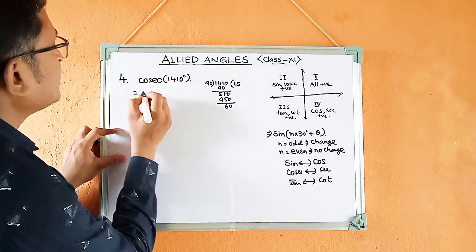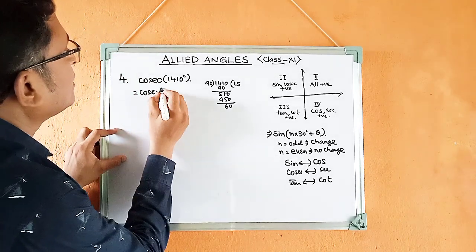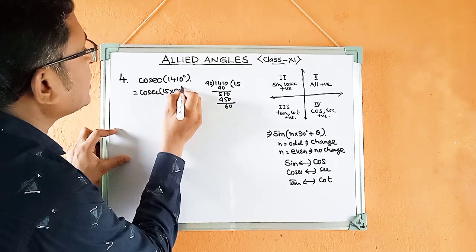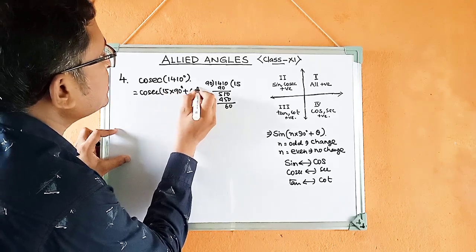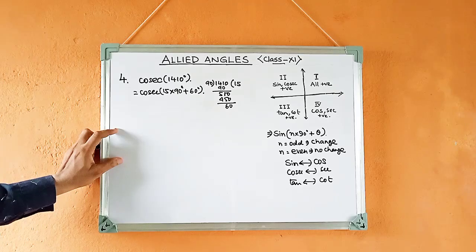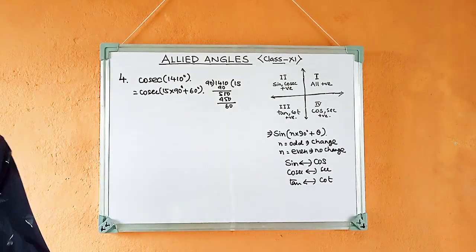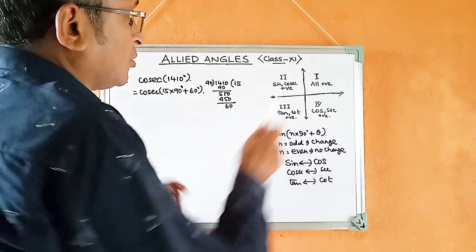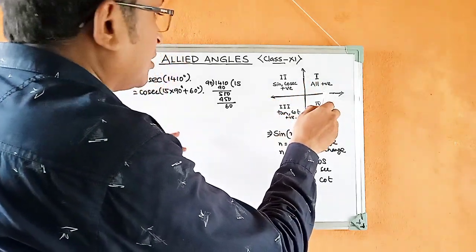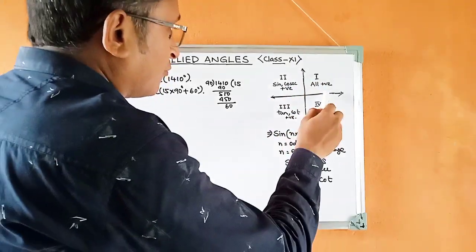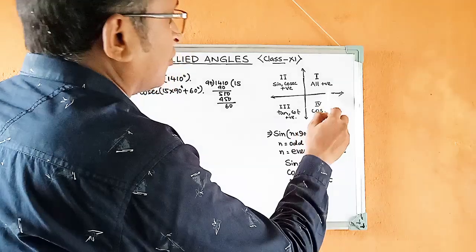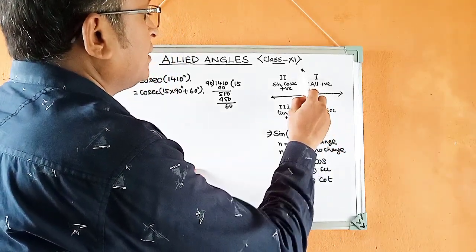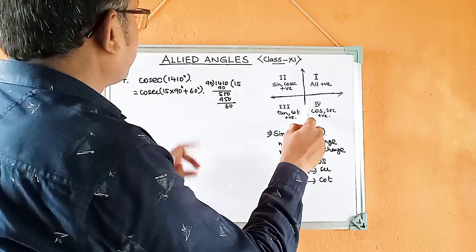So we write cosec 15 into 90 degree plus 60 degree. Now see 15. One complete rotation is 4, 4, then 4 plus 4, 8, then again 8 plus 4, 12, then 13, 14, 15. After that 60 degrees.